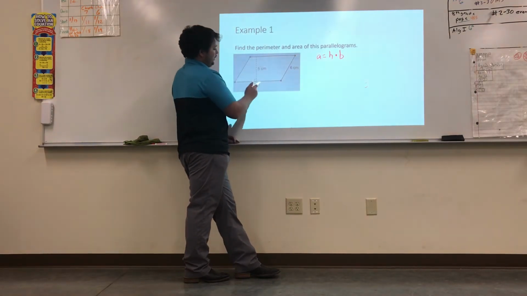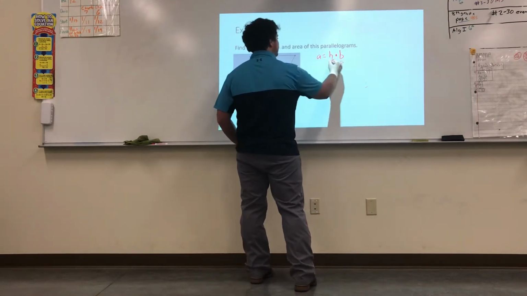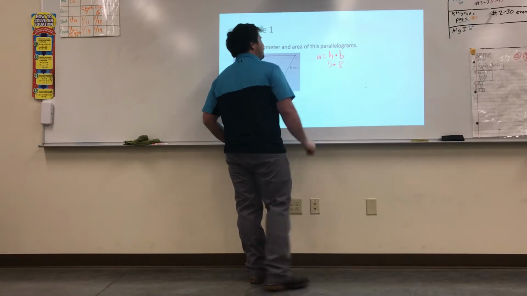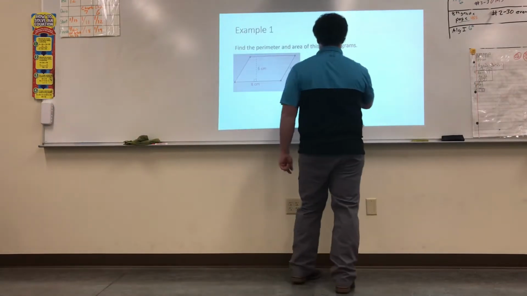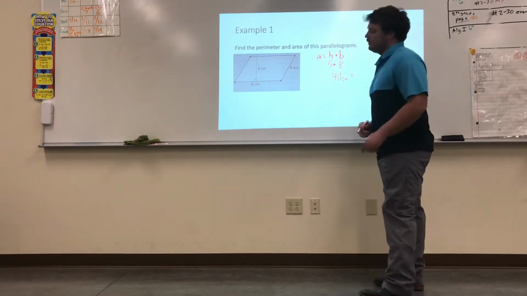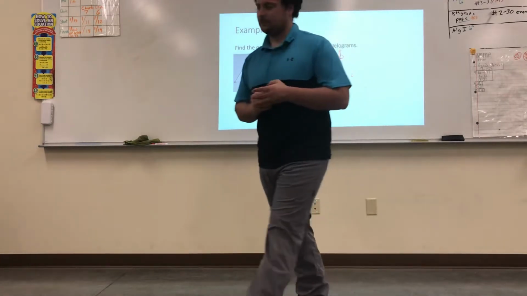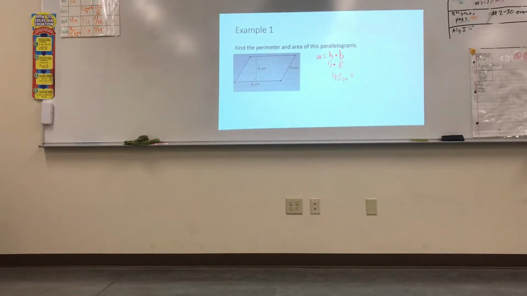So we're just going to take my base, which is 8, and my height, which is 5, and we're going to multiply them. And when we do, we're going to get 40 centimeters squared. That is your answer for that one.